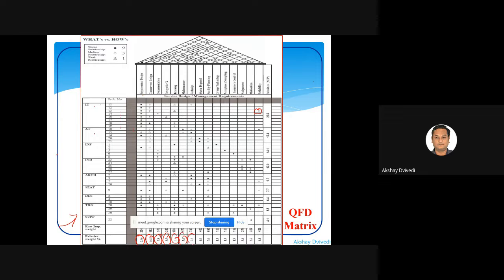Mind that these values have come from calculations taking into account strong relationships, weak relationships, or medium relationships. Now, if you look at the relative weight on the last part, you will identify that ergonomical design has got a relative weight of 23.6% in comparison with all the technical descriptors.